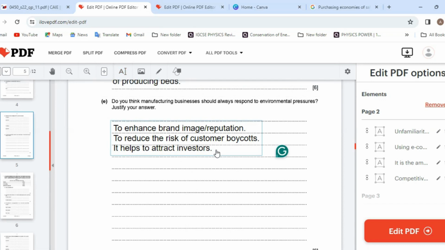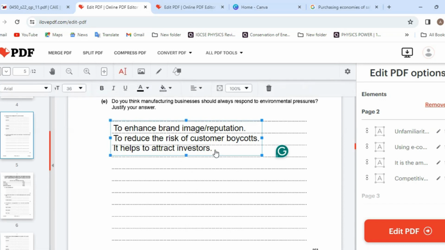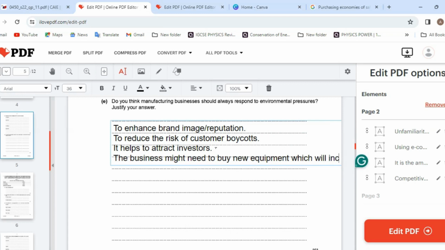Of course, the business might need to buy new equipment, and that will increase their cost, as we all know.